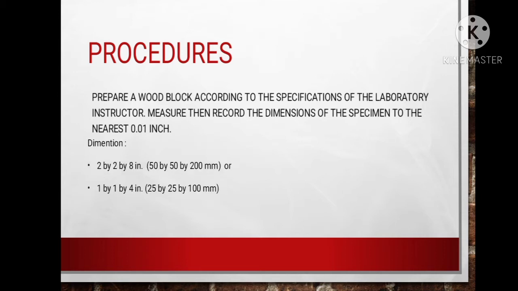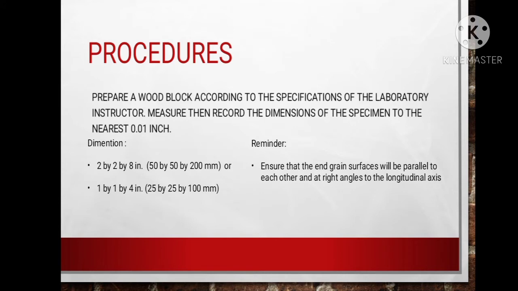Do not forget that the dimension must be 2 by 2 by 8 inches or 50 by 50 by 200 millimeters or 1 by 1 by 4 inches or 25 by 25 by 100 millimeters in accordance with the reference standard. And for the reminders, ensure that the end grain surfaces will be parallel to each other and at right angles to the longitudinal axis.